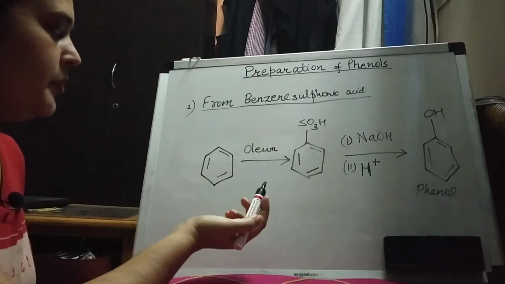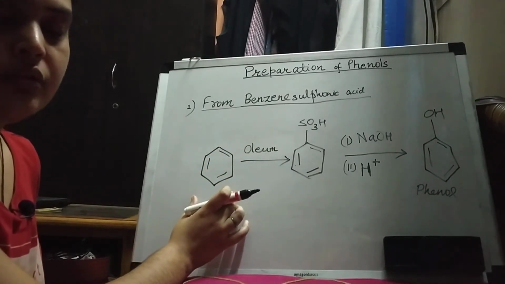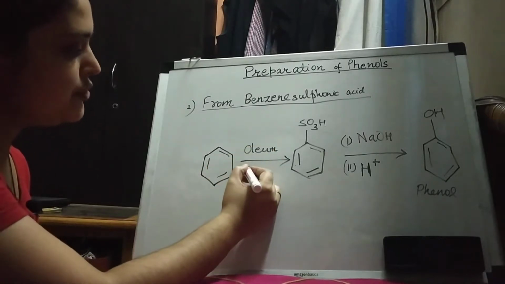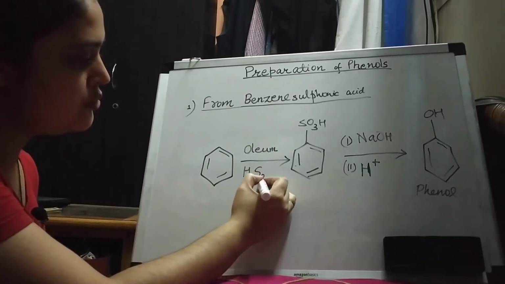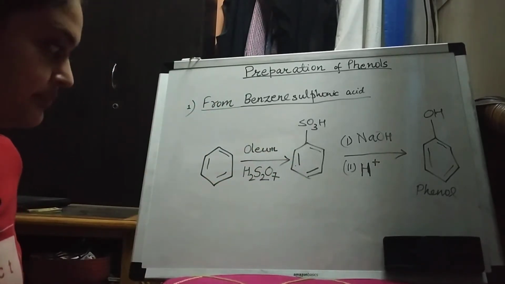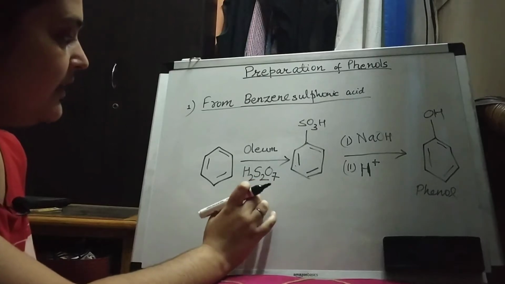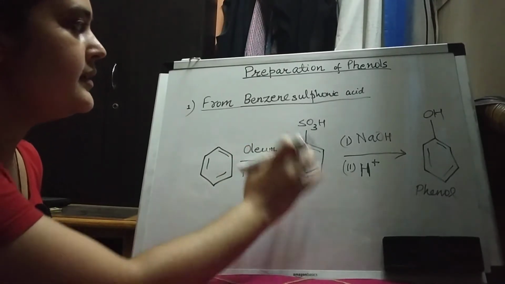How do we prepare it? We take benzene and add oleum. Oleum is H2S2O7, its chemical formula. When we add this to the benzene, we get benzene sulfonic acid.